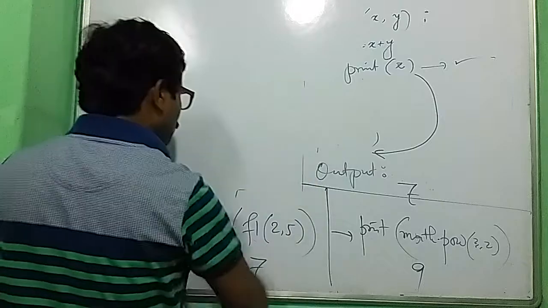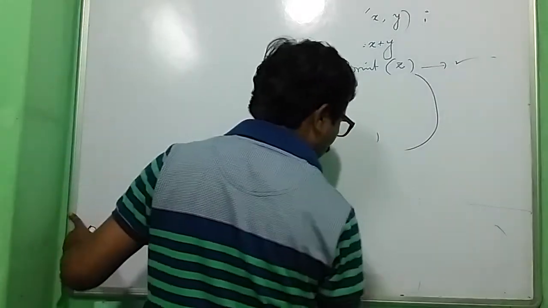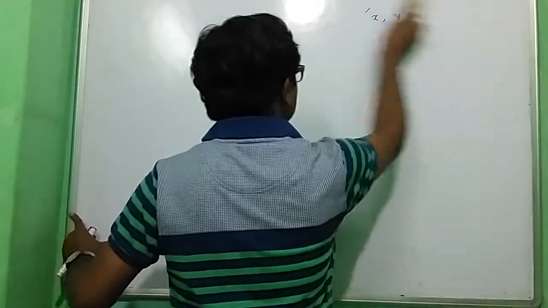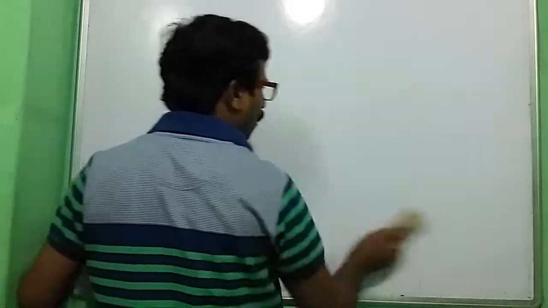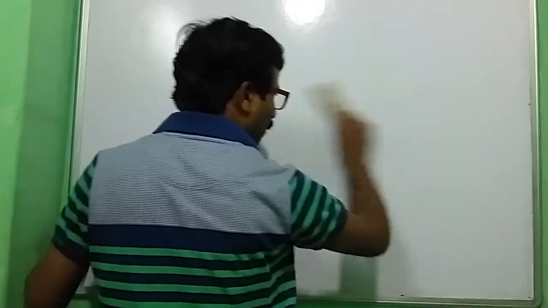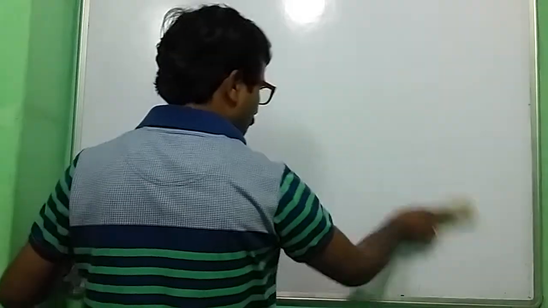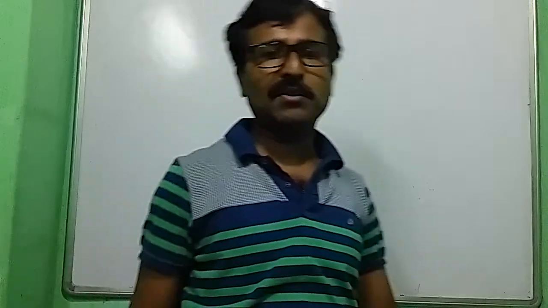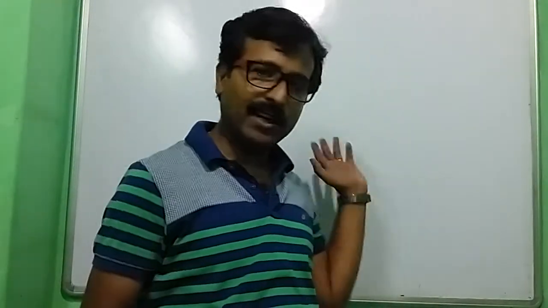Now, just one small thing I wanted to tell you: the arguments are of various types. But I'm not going to discuss the types of arguments now because we have already covered a little bit more. So as of now, for today it's over.